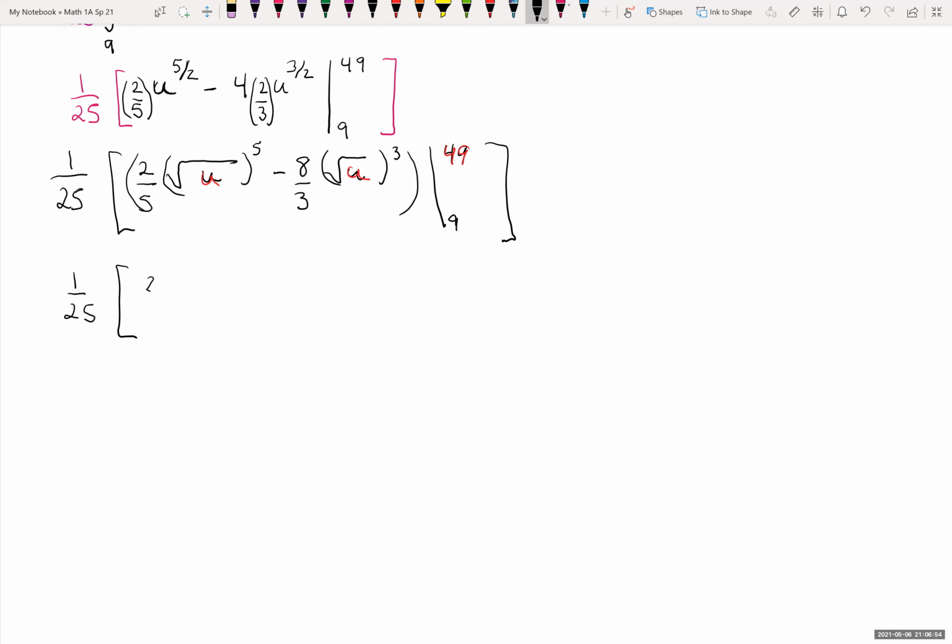So we have 2/5. We have square root of 49, which we know is 7. And 7 is raised to the 5th power. Minus 8/3 square root of 49, which is 7, and 7 cubed.